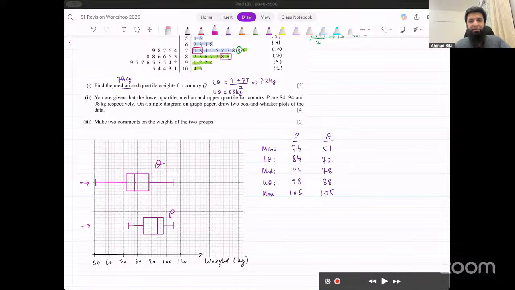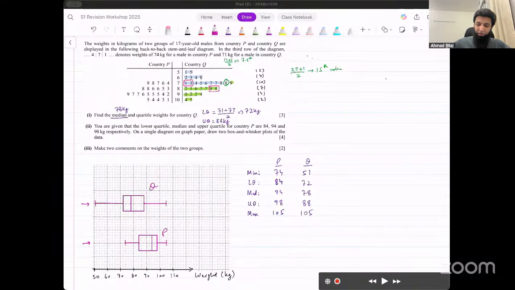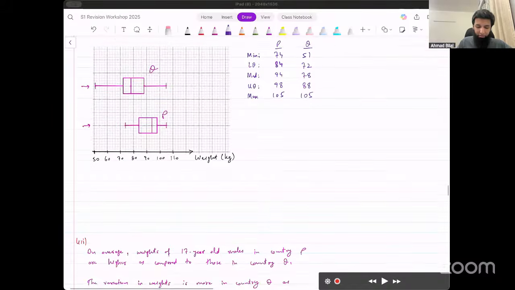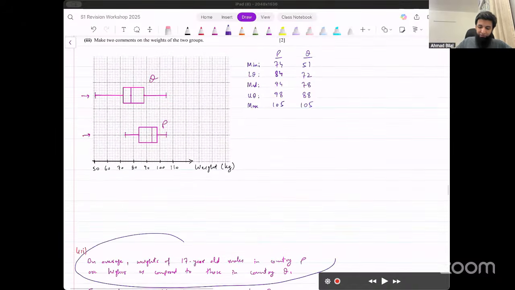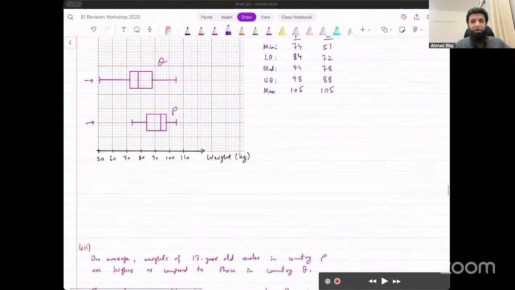So when we talk about central tendency measures, we say on average, weights of people in country P are more than those of people in country Q. So you have to relate the median number to the data that is given. So something like this is one comment that you can make. On average, weights of 17-year-old males, in this case, the data was for 17-year-old males, in country P are higher as compared to those in country Q. That's what you would write down there.